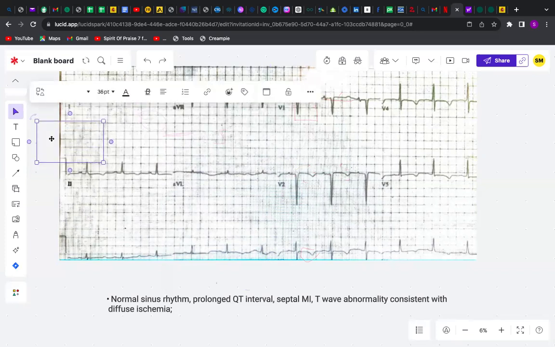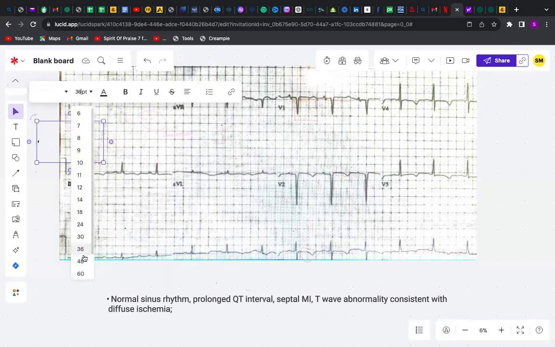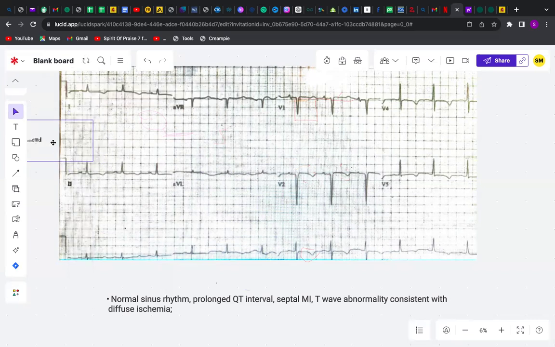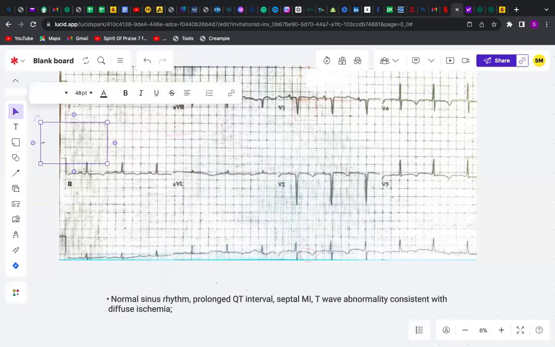It's actually the QT over the square root of the RR interval.